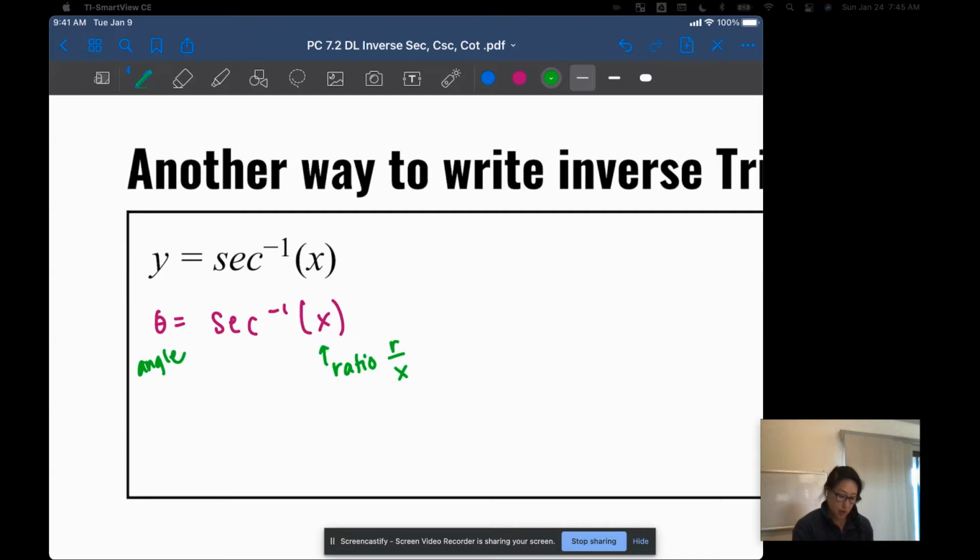Another way to write this equation would be theta is equal to its reciprocal, cosine inverse, of, instead of x, you would use the reciprocal.